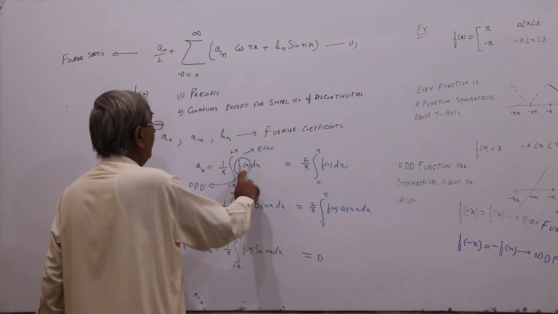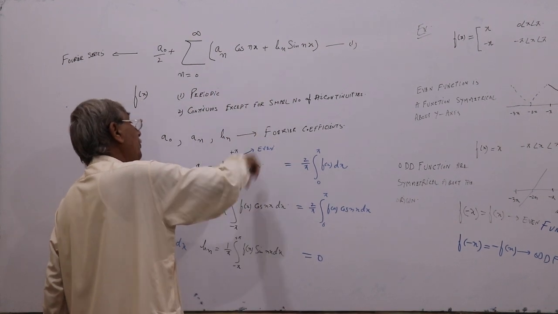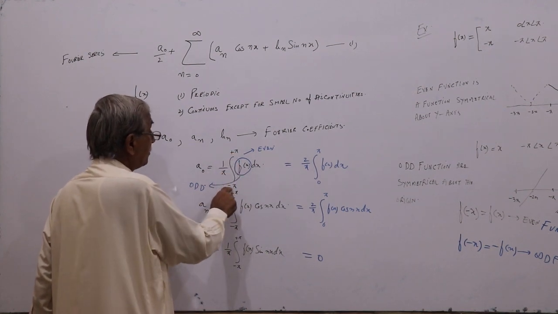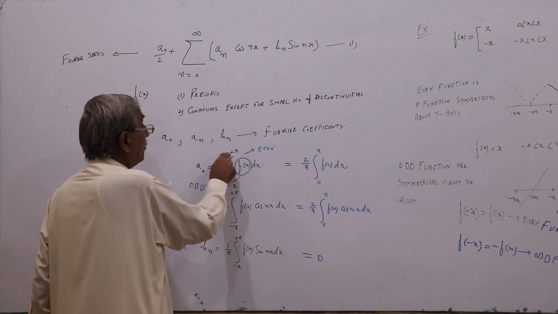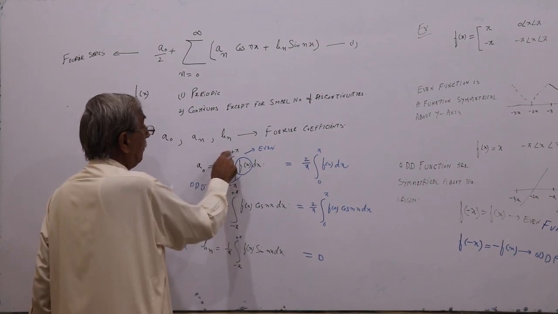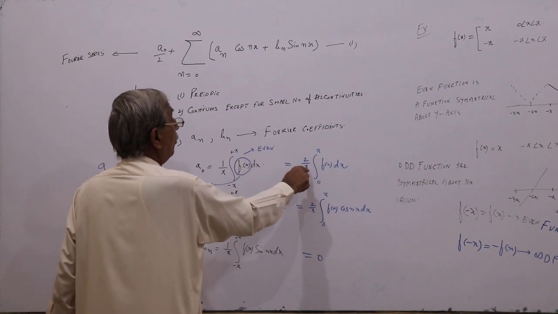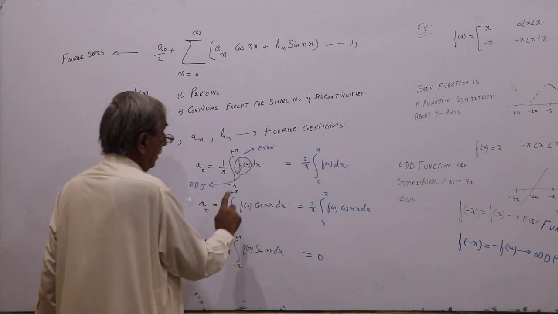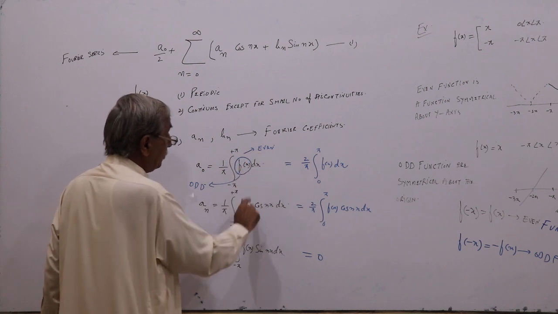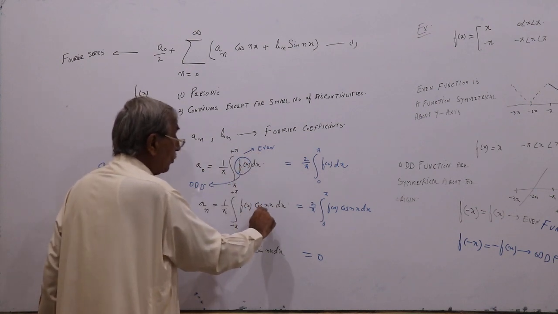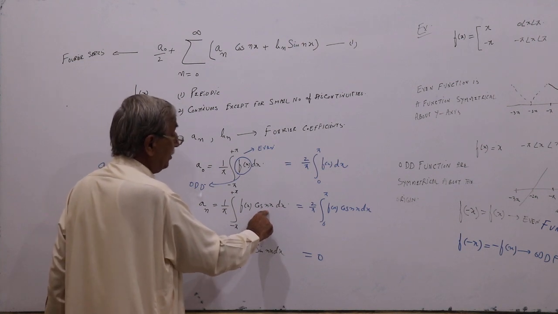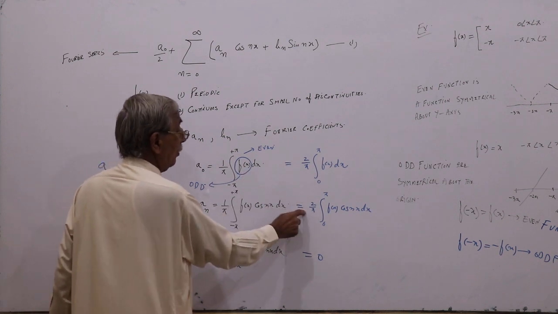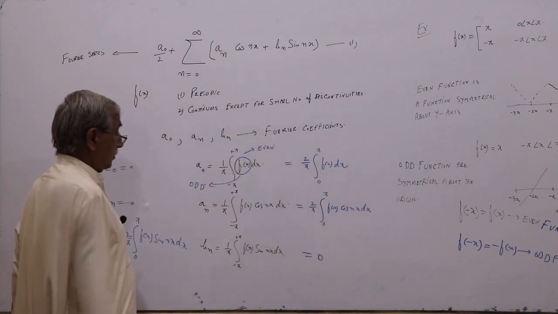Now see why it is. When f(x) is even, and you integrate the even function between symmetrical limits, that is the same limits with opposite signs, then it is always 2 times the same integral from 0 to pi. Since we have assumed f(x) is even, and cosine of minus theta is cosine theta, which is also even, even into even is even, and hence it is 2 over pi f(x) cosine nx dx.